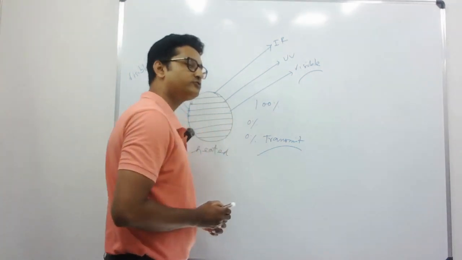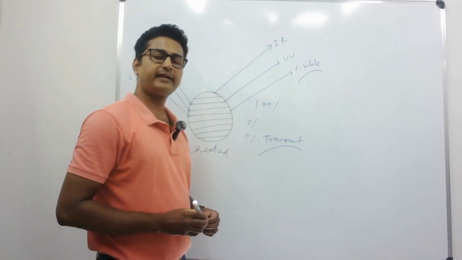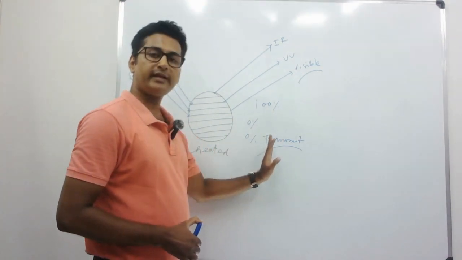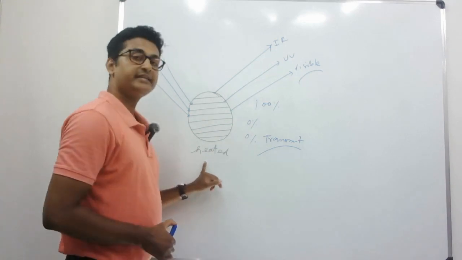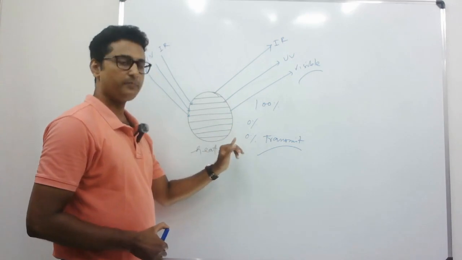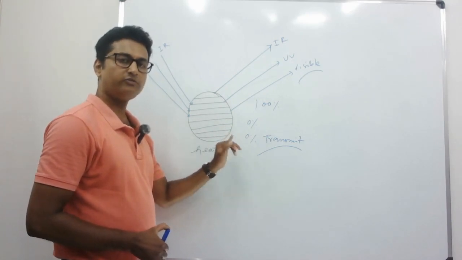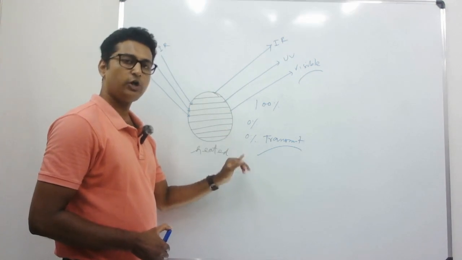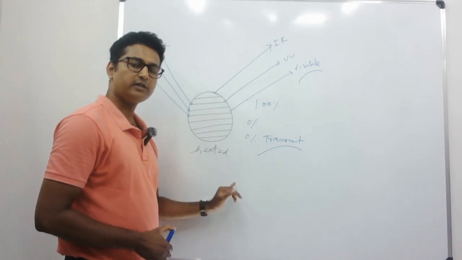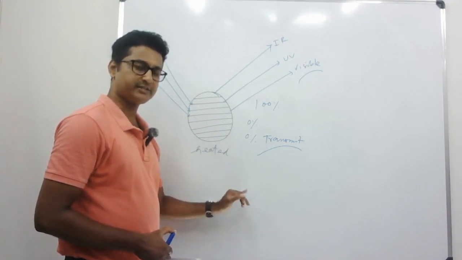That means all of the electromagnetic radiation would be emitted from the black body if it is heated, right? So this kind of emission of electromagnetic radiation from the black body when it is heated is called black body radiation.